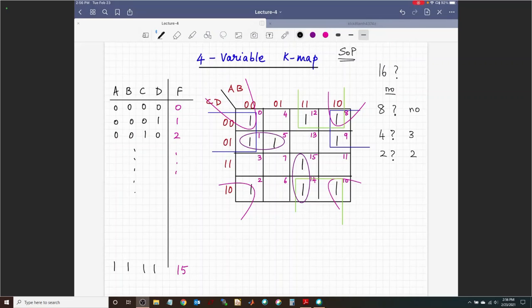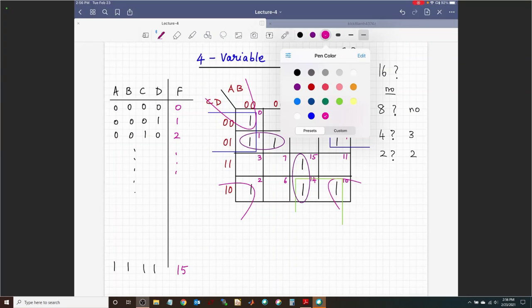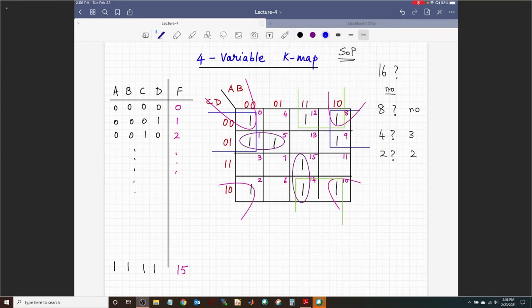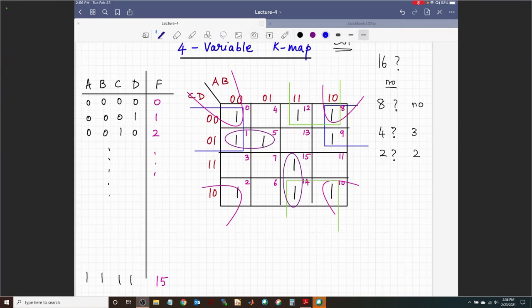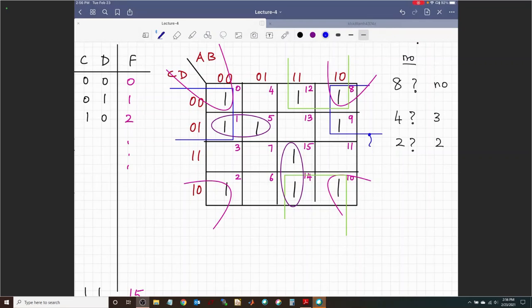So now we can talk about the product terms that correspond to each of those groups. So let's start with, let's try to stay consistent with the order. So I think the first thing that we did was blue, right? So for the blue one, what is that going to be? Let's see.